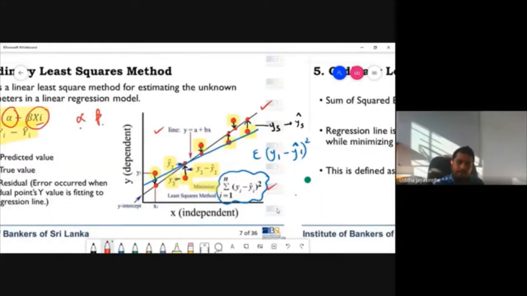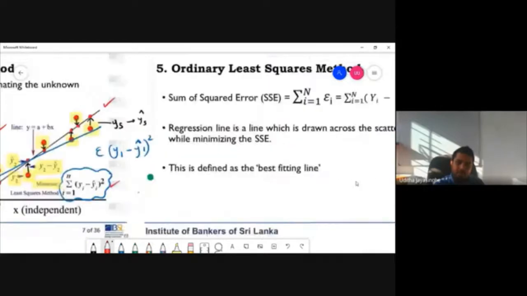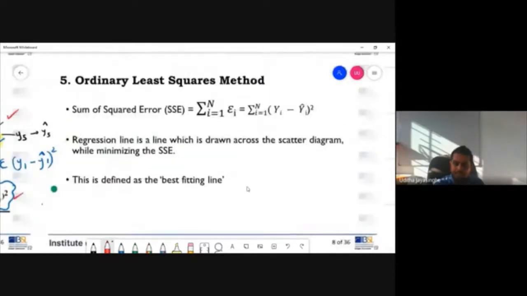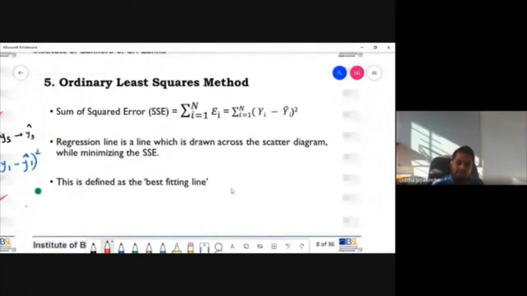This particular term, the error, we are going to sum it up and look into the value. Just observe the values 2.3, 1.7, 0.7. These are the values that we just got for this epsilon. In statistics, we call this the sum of squared error, or SSE.